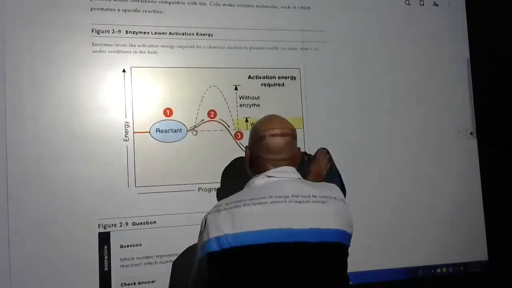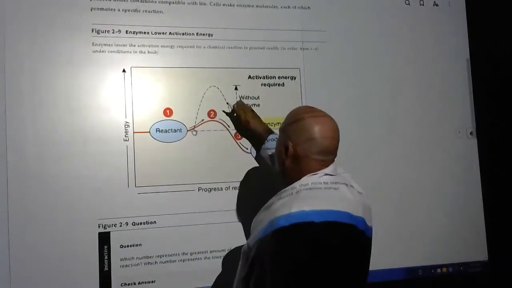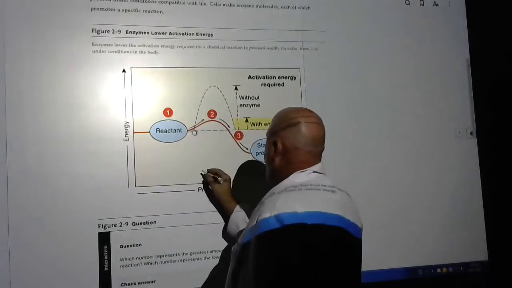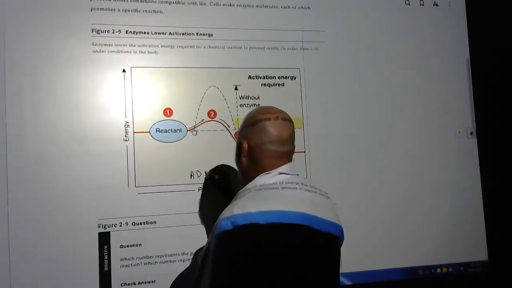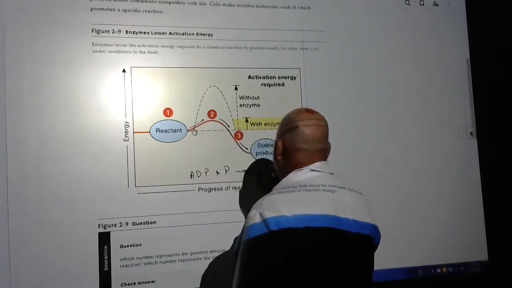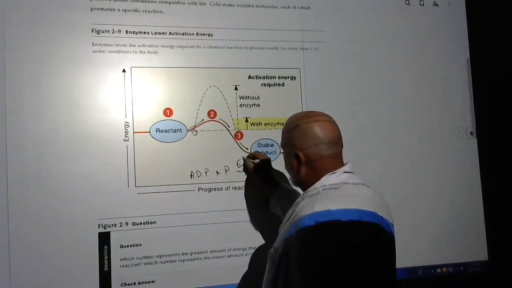We have enzymes that will help this process. So with the enzyme, it lowers the energy of activation. Right? We end up with ADP plus the P yields ATP, and then you see an enzyme right here.